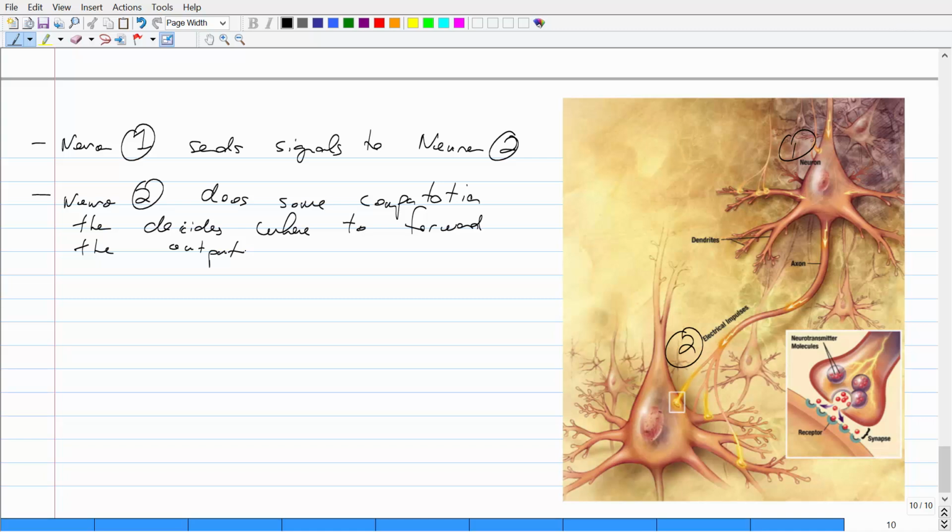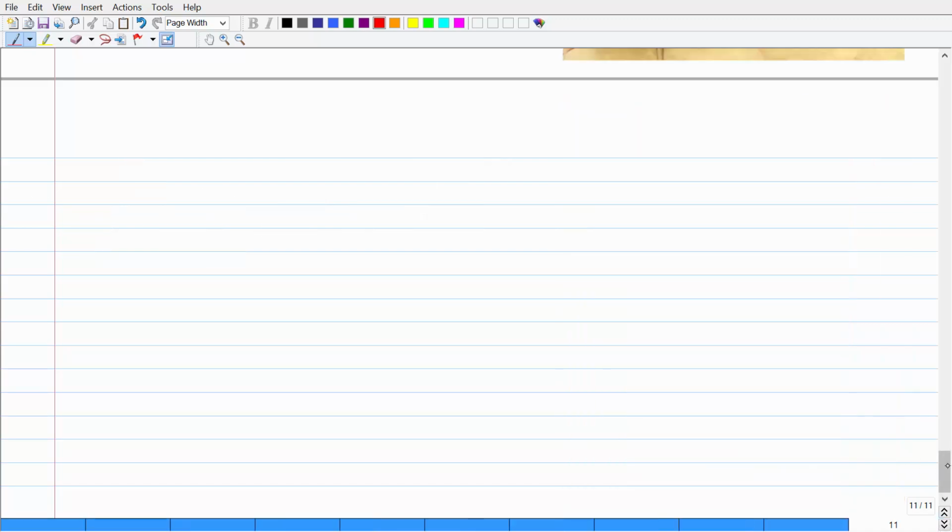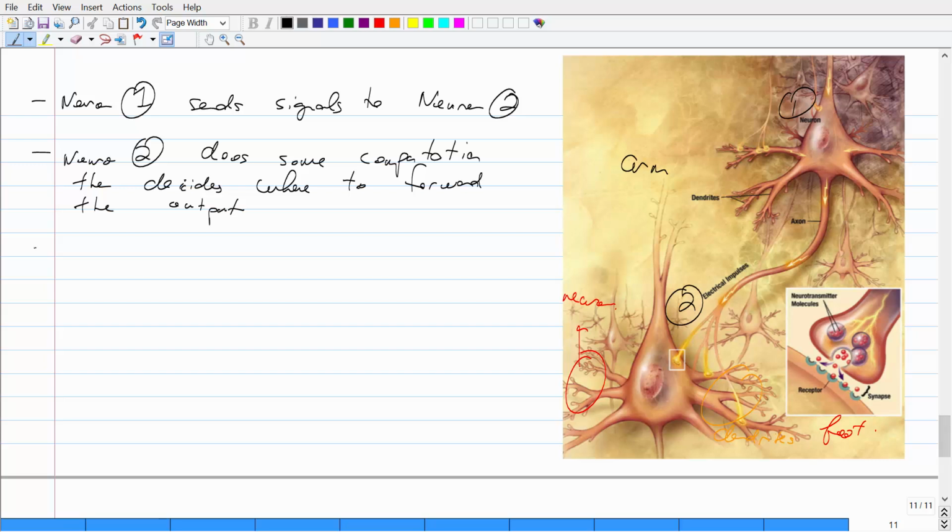So for example, these sets of axons might be connected to an arm, or these are dendrites, of course, and those are outputs. These might go to a foot or something, it just depends where. These might go to another neuron, for example. So they're all interconnected. This is also how we control muscles.